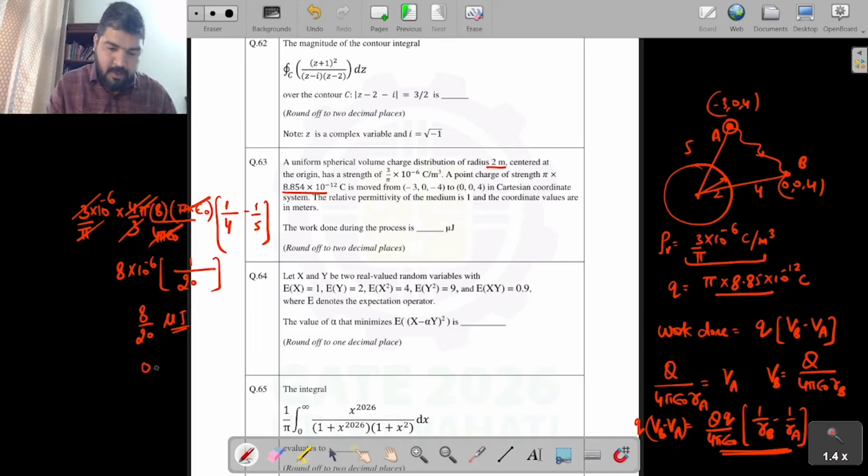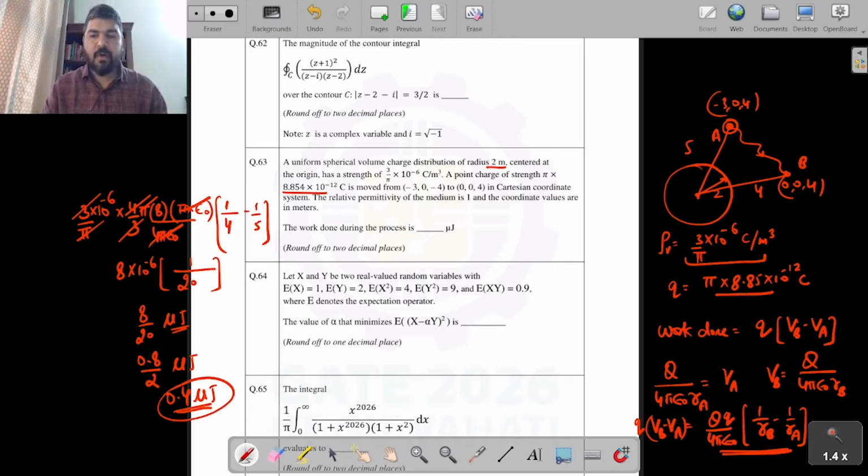It comes out to be 0.4, I think. You can write it like 0.8 by 2 microjoule, so it will become 0.4 microjoule. And the range is given as from 0.38 to 0.42 microjoule. So this is within the range, so this is the correct answer, guys.